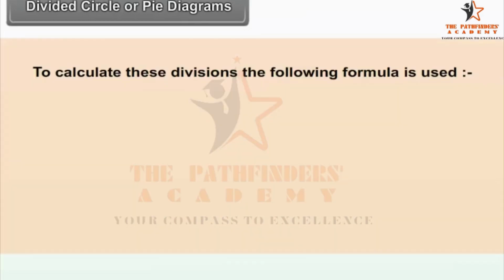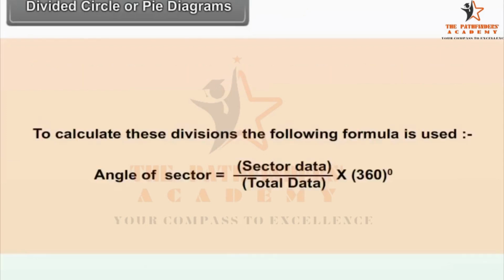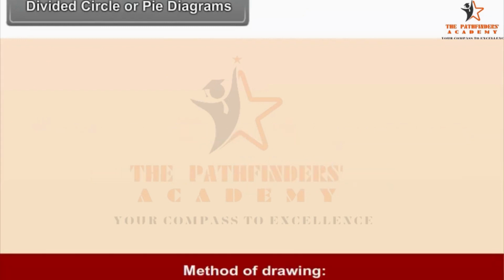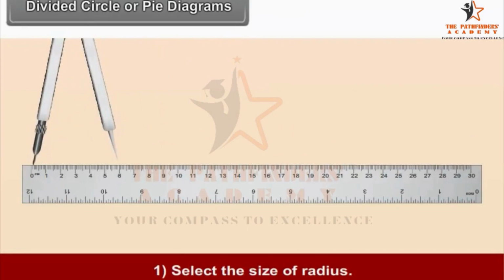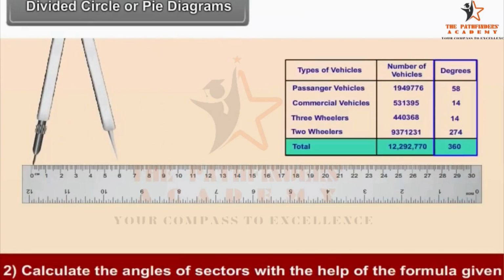To calculate these divisions, the following formula is used. Angle of the sector is equal to sector data upon total data into 360 degrees. Method of drawing. 1. Select the size of radius. 2.